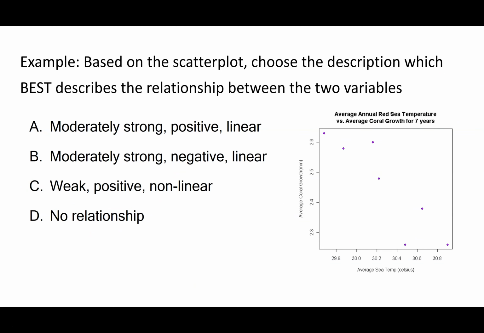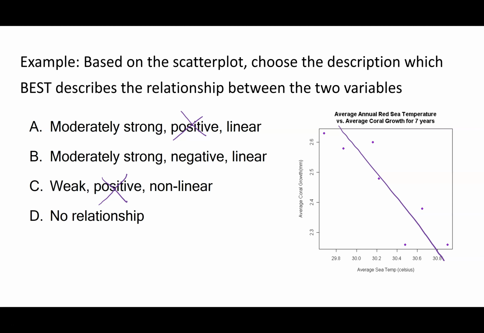So here's another. We're looking at average annual Red Sea temperature versus coral growth for 7 years. Once again, draw it out. So when you look at this relationship, when the average sea temperature goes up, it looks like the average coral length is going down. So I would argue it's not a positive relationship.